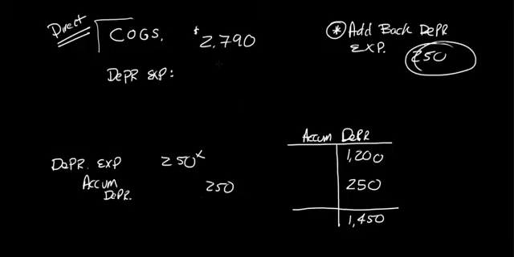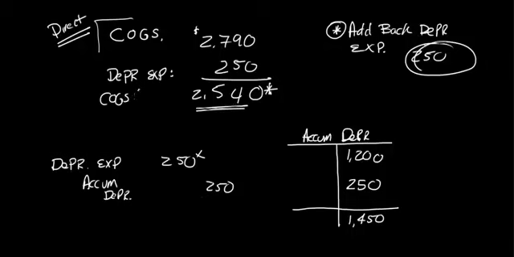If I take that out of my cost of goods sold, I can just subtract it, and that would be $2,540, which is the cost of goods sold without depreciation expense. I will need that number for the direct method. Let's tally these up on our little sheet.